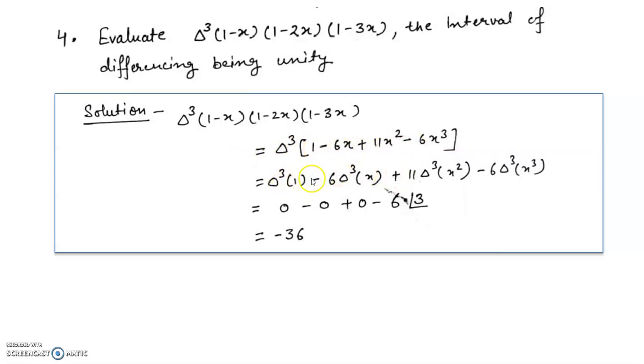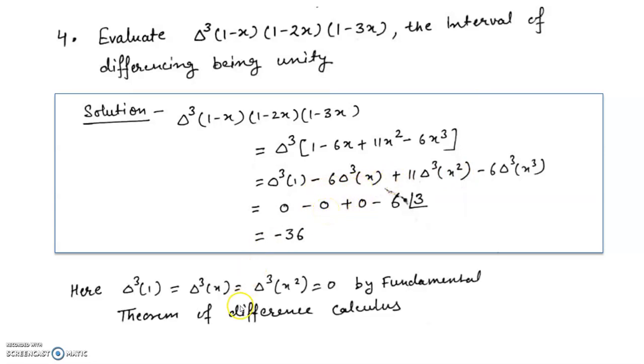Now see carefully, this first, second and third term will be equal to 0. Why? Here in the first three terms we are using the statement of the fundamental theorem of difference calculus, so these first three terms will be 0. Because the theorem says that we have polynomials of degree, here first is of degree 0, second is of degree 1 and third is of degree 2.